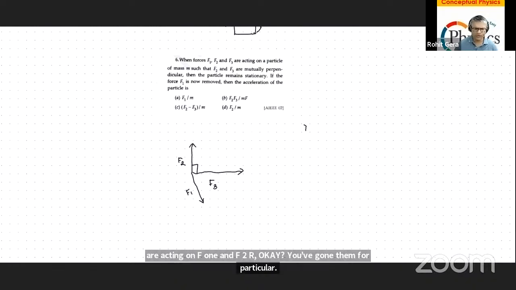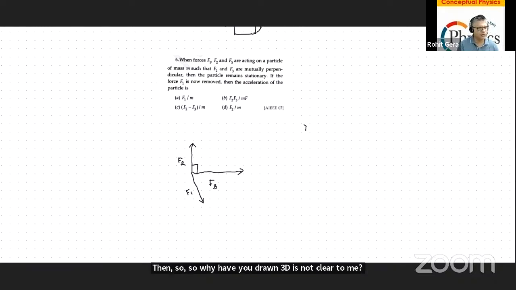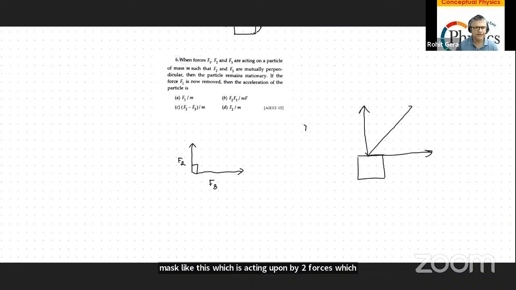Why have you drawn 3D is not clear to me, because this was a simple situation where if you have a mass like this, which is acted upon by two forces which are mutually perpendicular, the resultant is this, right? Yes. And if I apply a force here, it will cancel it.